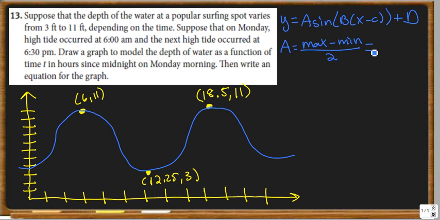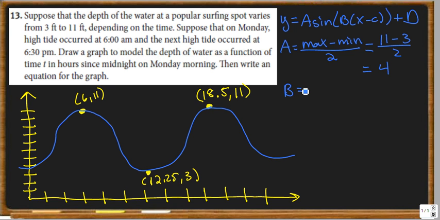The maximum occurs at 11, the minimum occurs at 3, and we'll divide that by 2. We should get 4. This is always the case for A, because that's the max minus the min over 2. So we get 4 here.